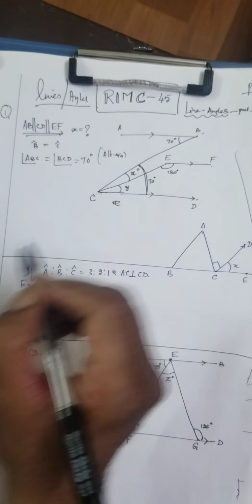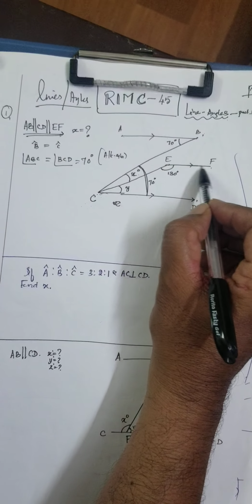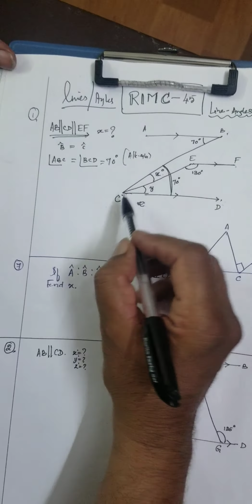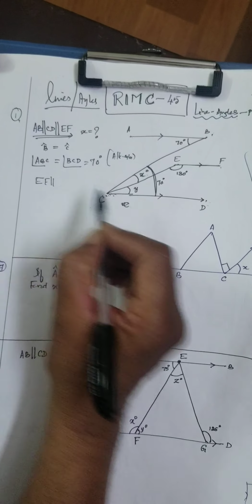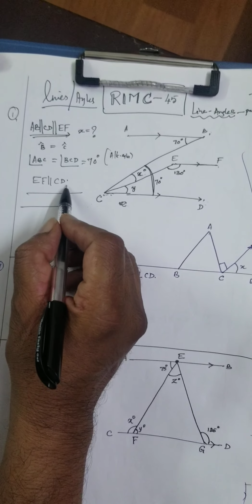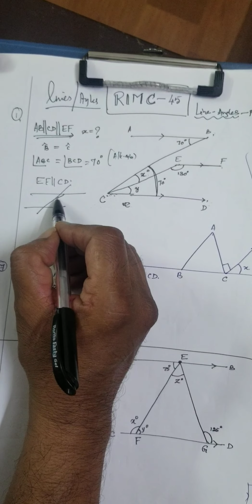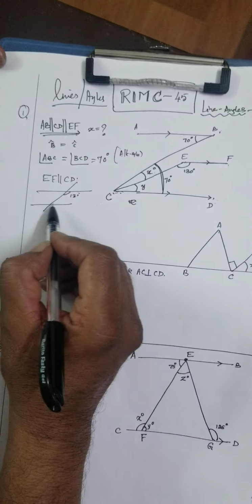Suppose this value is Y. Now EF and CD are parallel, since EF is parallel to CD. Therefore, according to the transversal angle, this is 130.